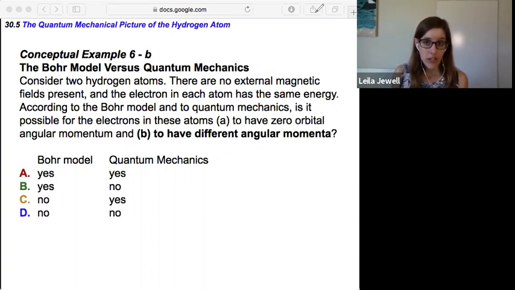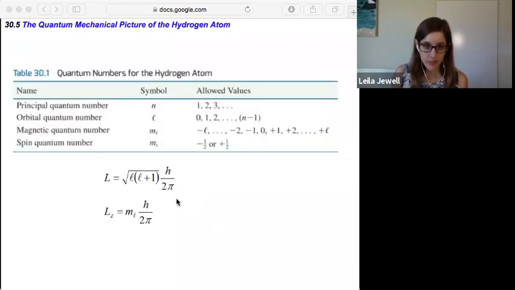So it is possible in the quantum mechanical picture to have different angular momenta. Going back to this table, you see that it depends on L for the angular momenta in the quantum mechanical picture, and L can take on different values that are limited by n. As long as n is big enough, L can have different values and we can get different amounts of angular momenta, including 0.